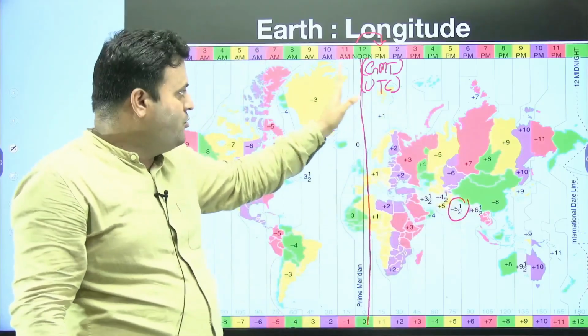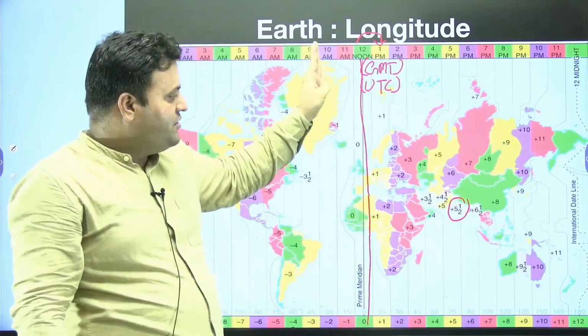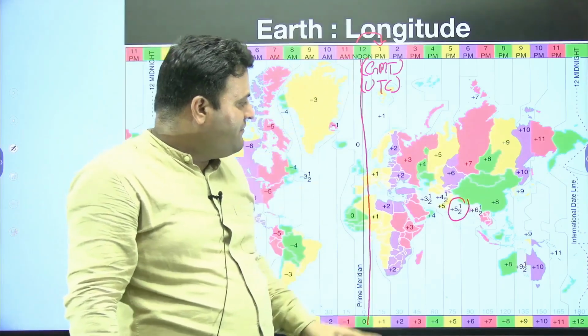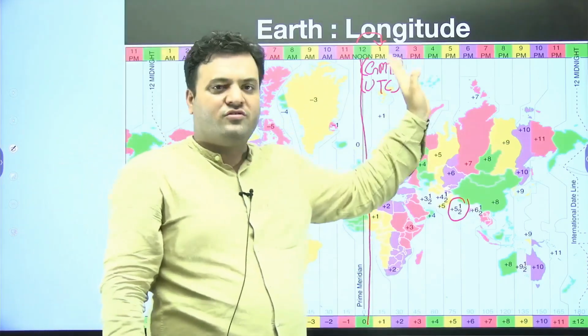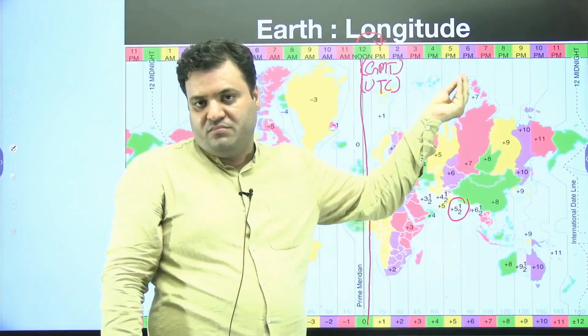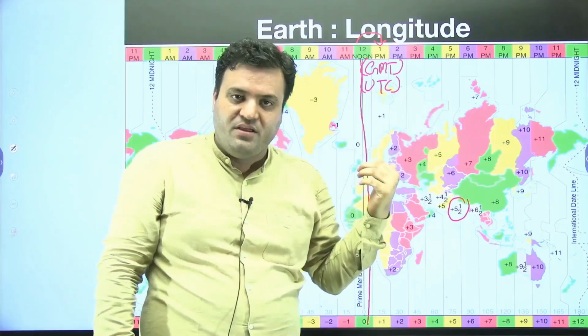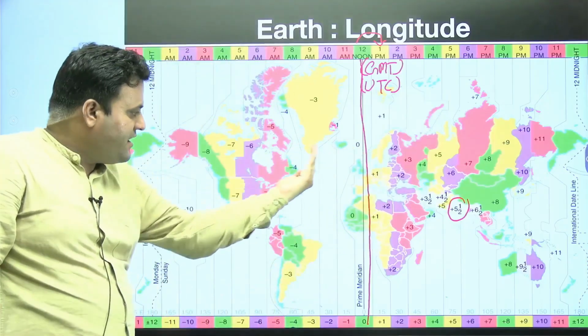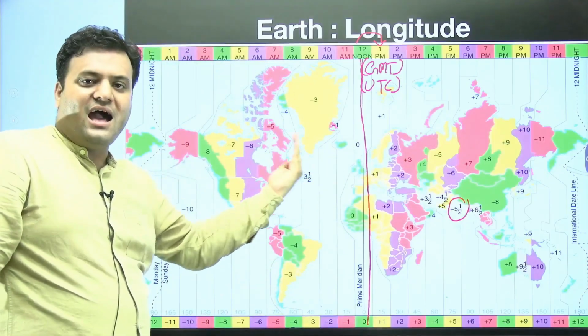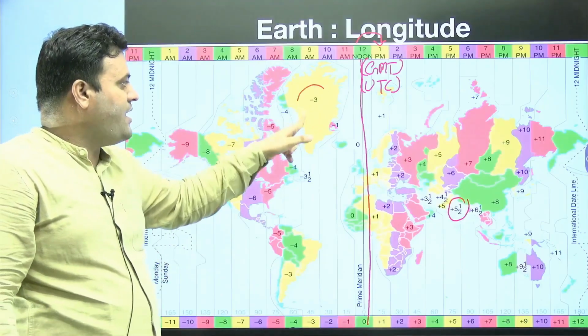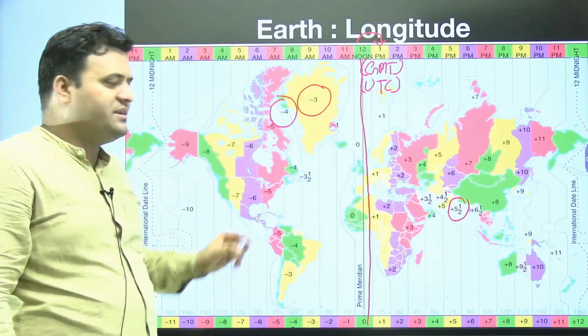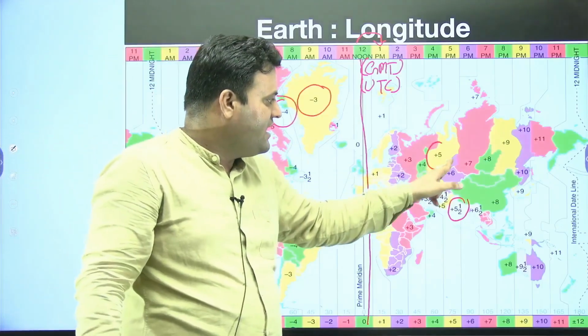Which means if there is noon on the Greenwich mean line, at that same time there will be almost 5 p.m. That would be the timing in India. Respectively, the Western Hemisphere is behind in terms of time. Here you can see we have a minus, meaning behind in time. Here you have a plus, meaning ahead in time.